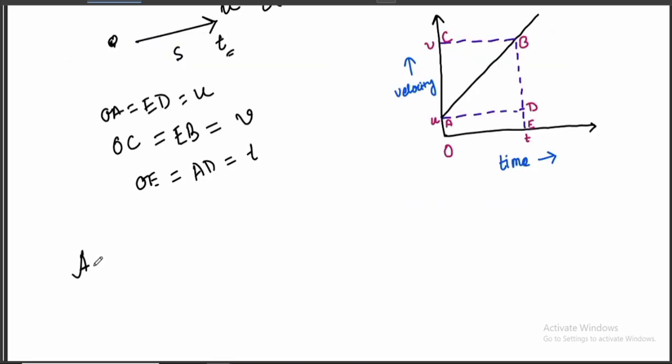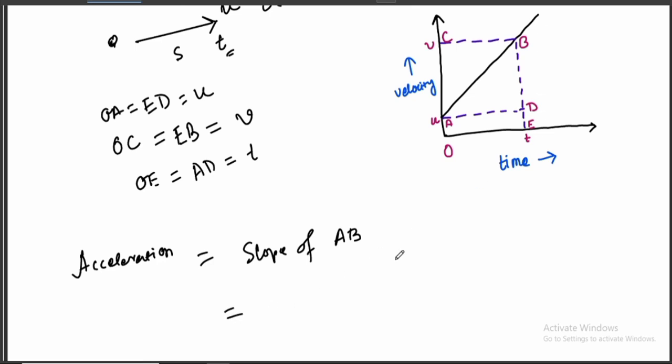Now let's find the acceleration. We can find the acceleration from this velocity time graph. How can we find it? We have to find the slope of this curve. So the slope of AB from this velocity time graph will give us the acceleration.